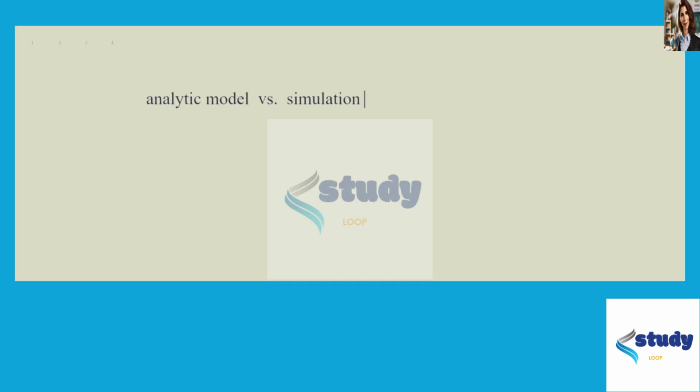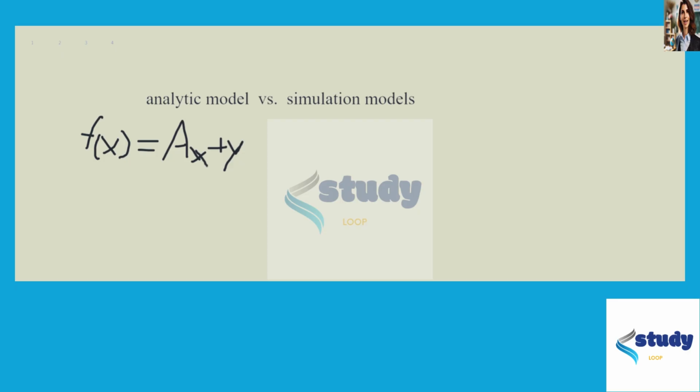simulation models. So what analytic models try to do is use math formulas in order to predict the effects of specific disturbances. This is just the equation for a linear graph, right?